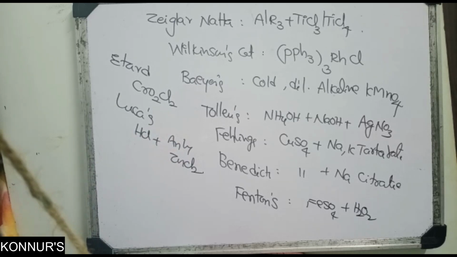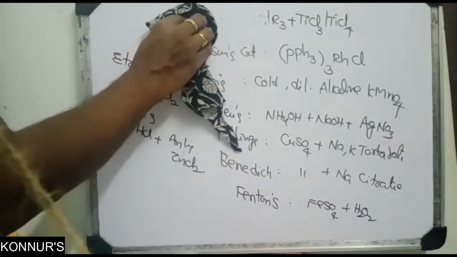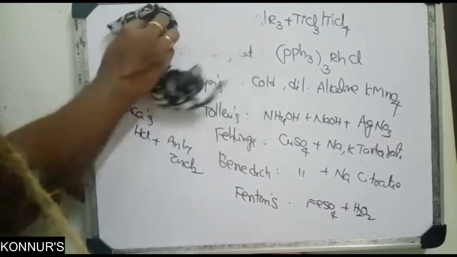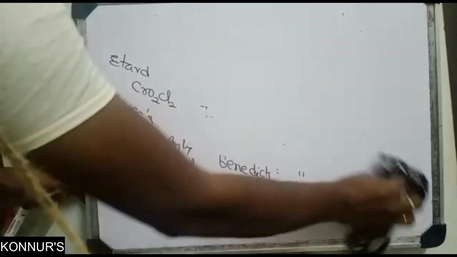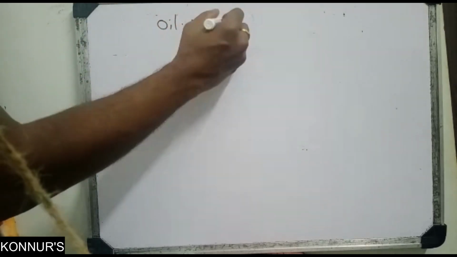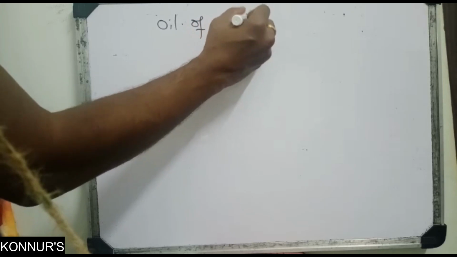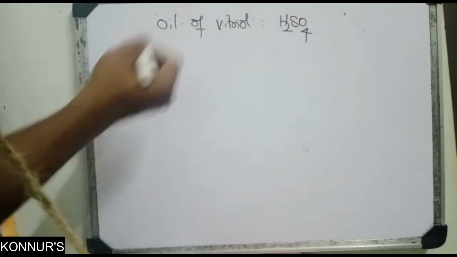Next, oil of vitriol. So the famous one, oil of vitriol, which one you call as H2SO4.